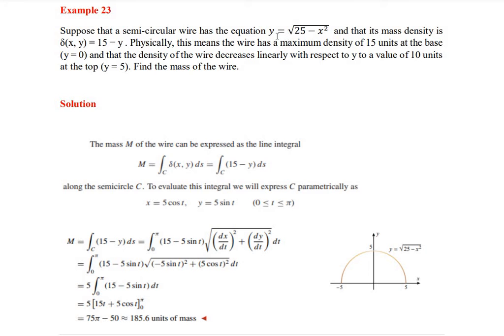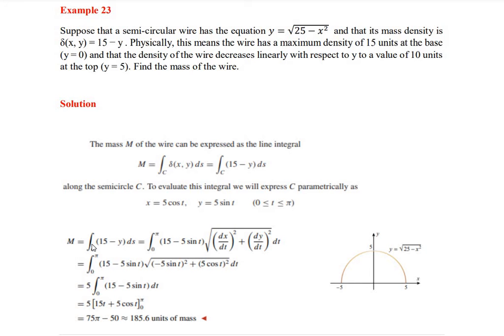The semicircle is y = √(25 − x²), so the parametric equations are x = r cos t and y = r sin t. What is r here? 5. So x = 5 cos t and y = 5 sin t, and since it is a semicircle, t varies from 0 to π.